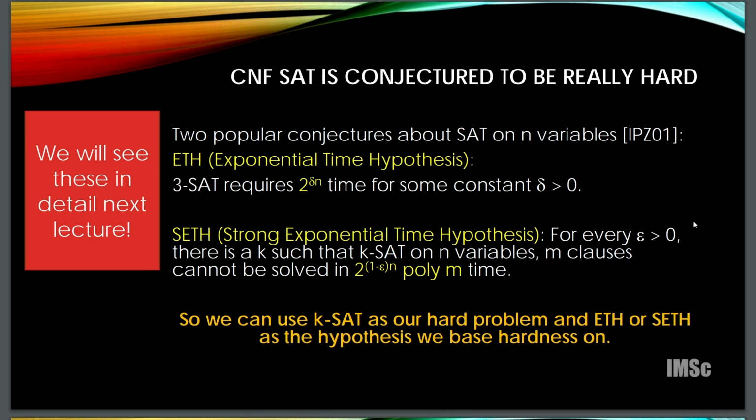A more precise statement is that k SAT cannot be done better than 2 power 1 minus epsilon n for any small epsilon, times poly in m. M is the number of clauses.